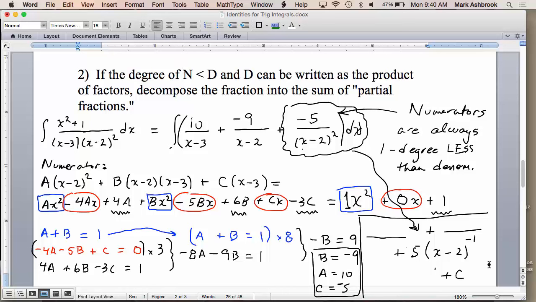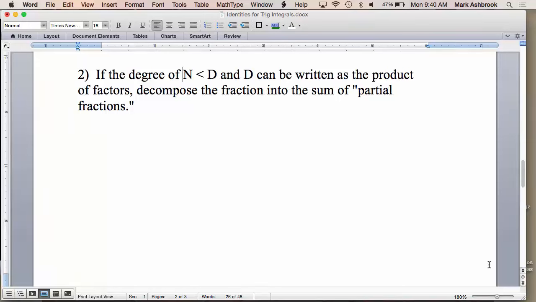Okay, so let's look at another example. So, first question, is the degree of the numerator less than the degree of the denominator?